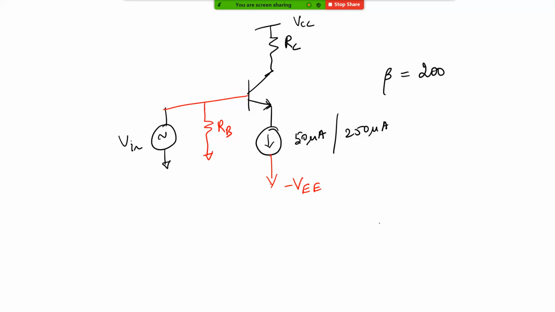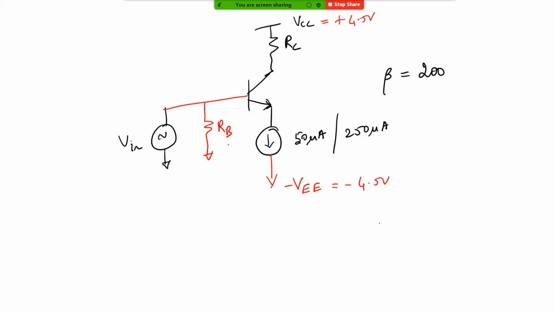Let's say this is taken as plus 4.5 volts, and you can take minus 4.5 volts, something like this you can do. And this RB will take care of the DC current. This is a direct voltage source, so it will directly draw the current. And this is one way to do it.